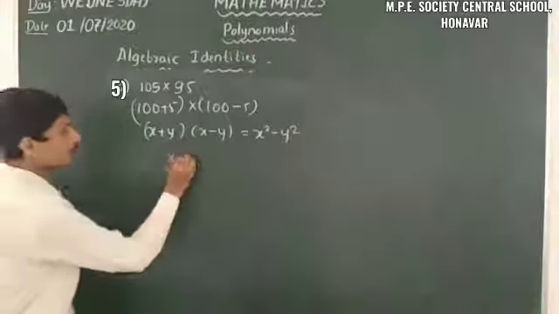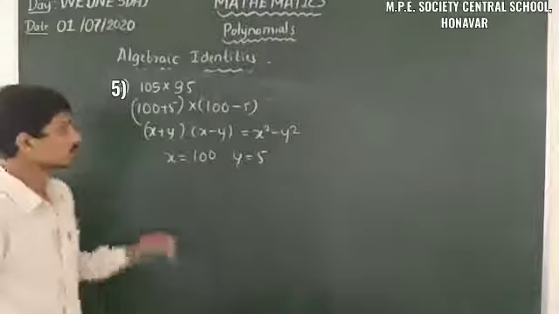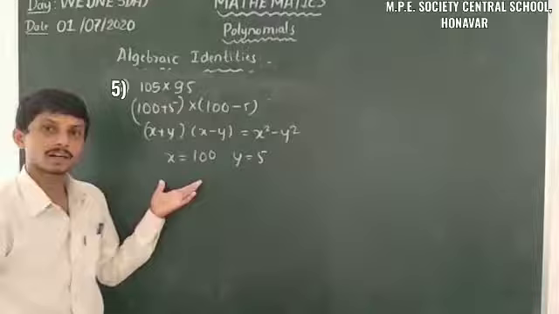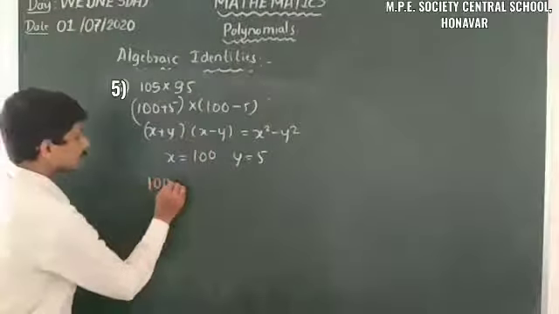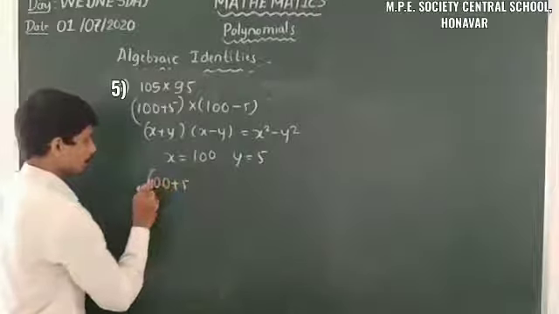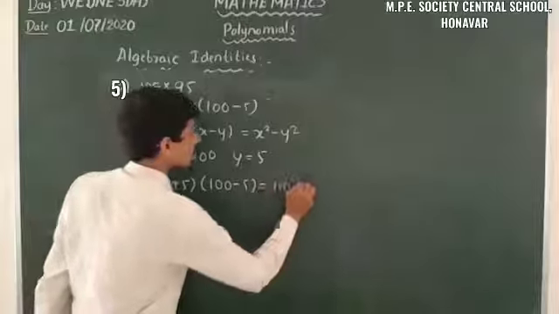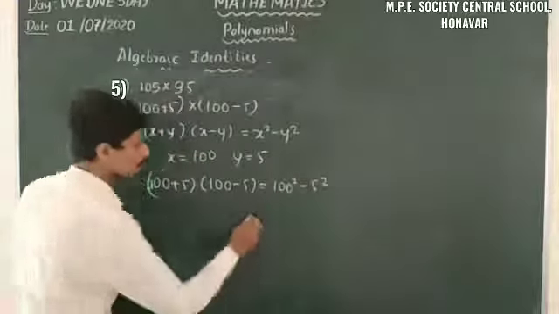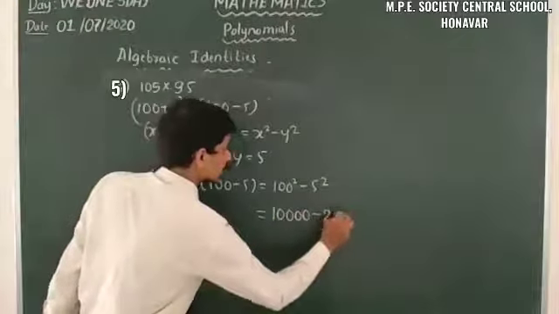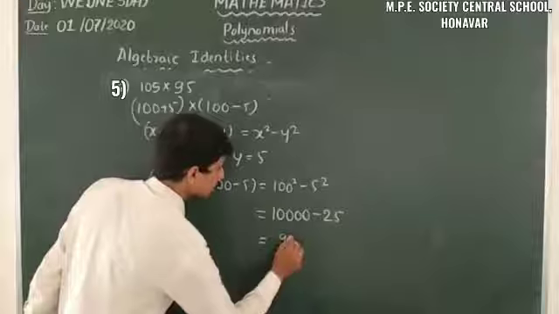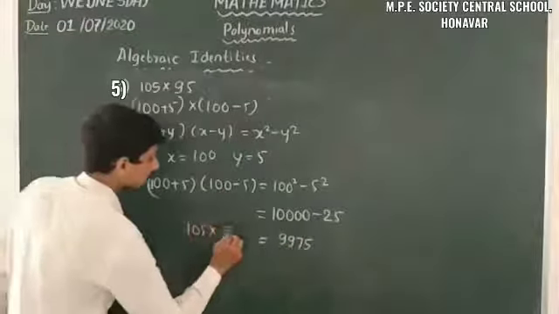Here we have to put the value of x as 100 and y as 5. Substituting, 100 plus 5 into 100 minus 5 is equal to 100 square minus 5 square, that is 10,000 minus 25, that means 9,975. That is the value of 105 into 95.